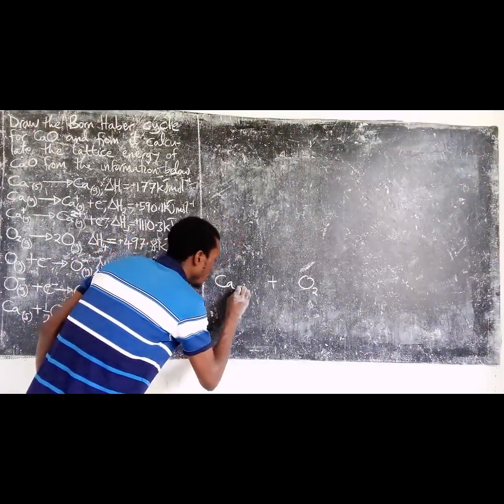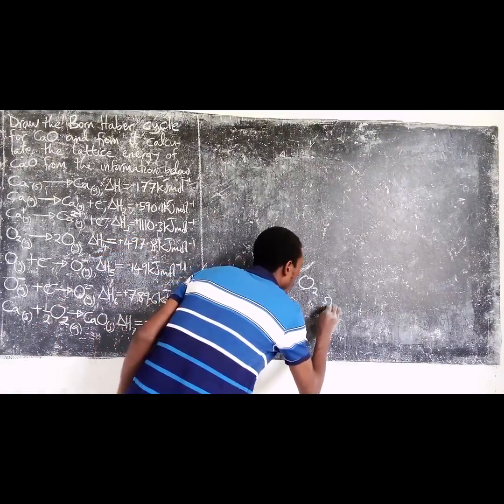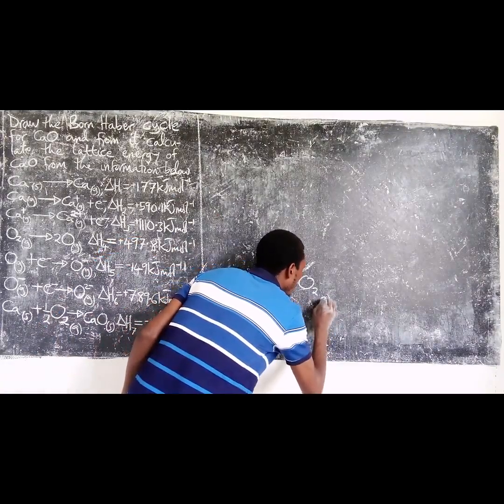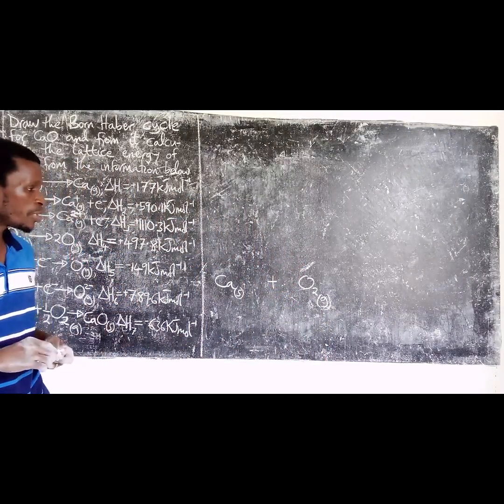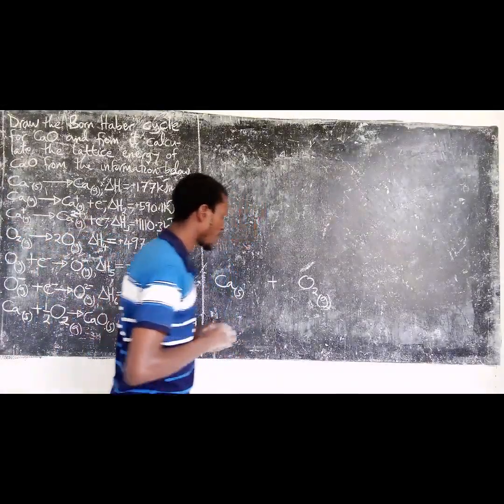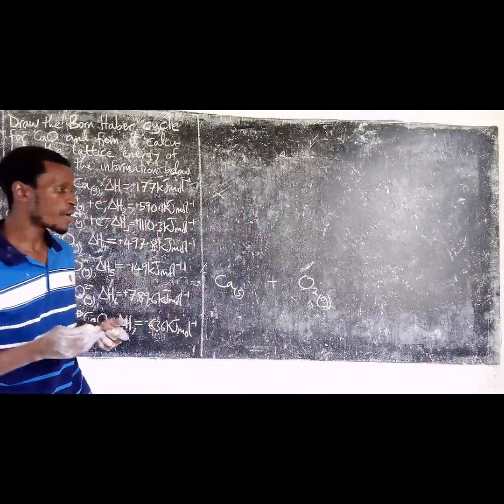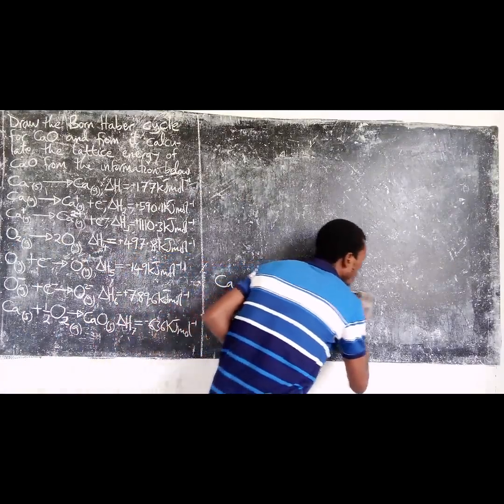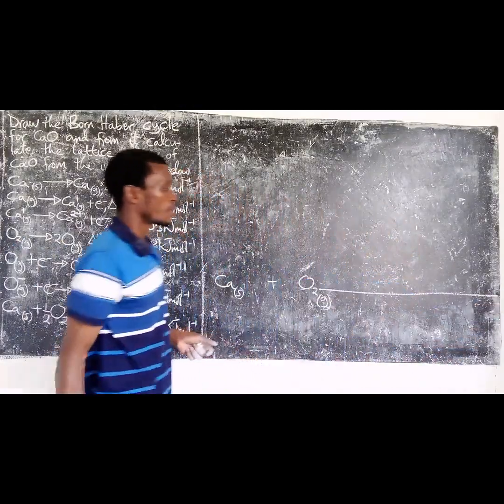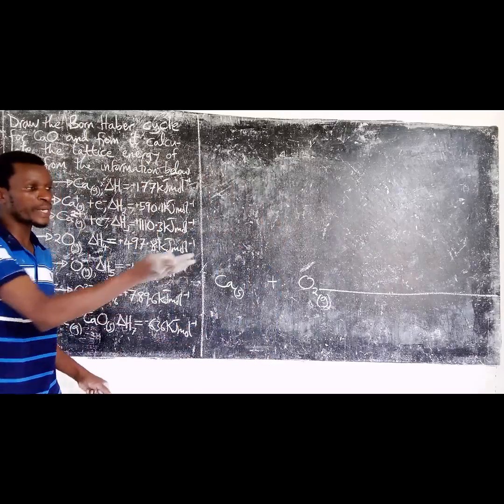Now, indicate the physical states of the elements which are reacting. Then take your ruler and draw a horizontal straight line.